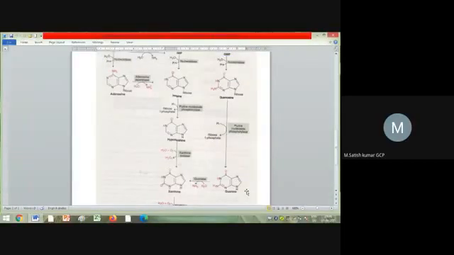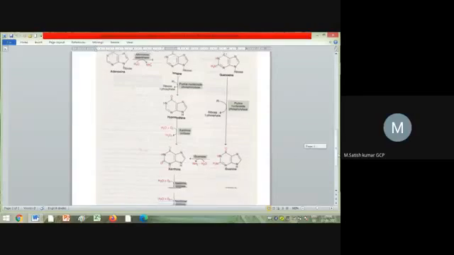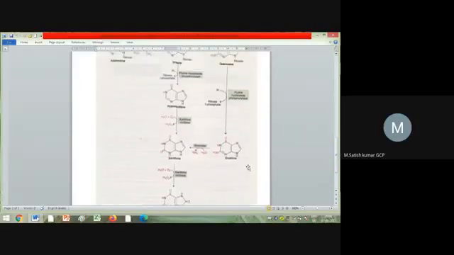Guanine is a nitrogenous base, but this guanine consists of an amine group. We can see this amine group here, but in uric acid we cannot see any amine group. So that's why in the third step this amine group will be replaced by oxygen.